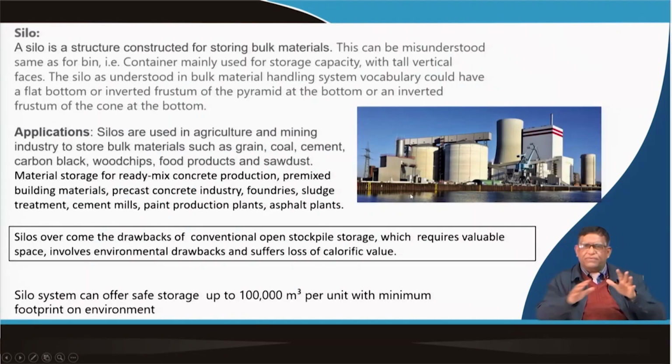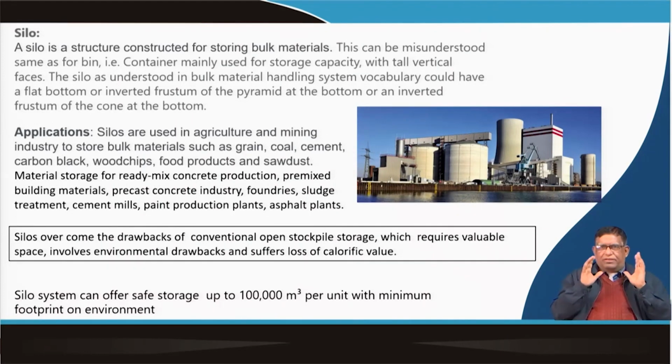You have seen about different types of bunkers. Today, we will be discussing this silo. Many of you might have seen silos while going by train near a thermal power station. There you can see this type of coal storage system.